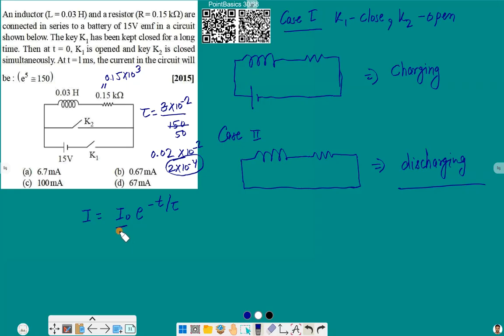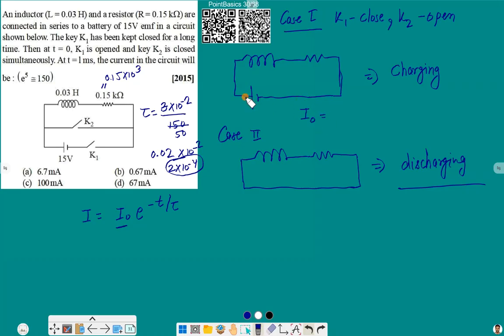So I node is the maximum current that can flow in the circuit, and this current is initially flowing in case 2 and also flowing in case 1 when the inductor has fully charged. So the value of I node in this scenario will be when the inductor is fully charged, then it will act as a simple wire, and then we will have only resistance and battery in the circuit.